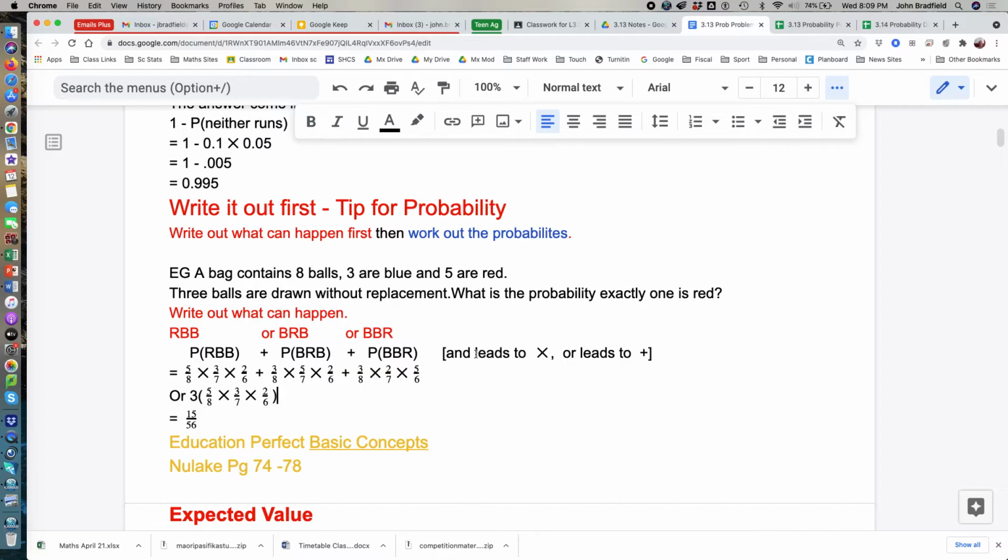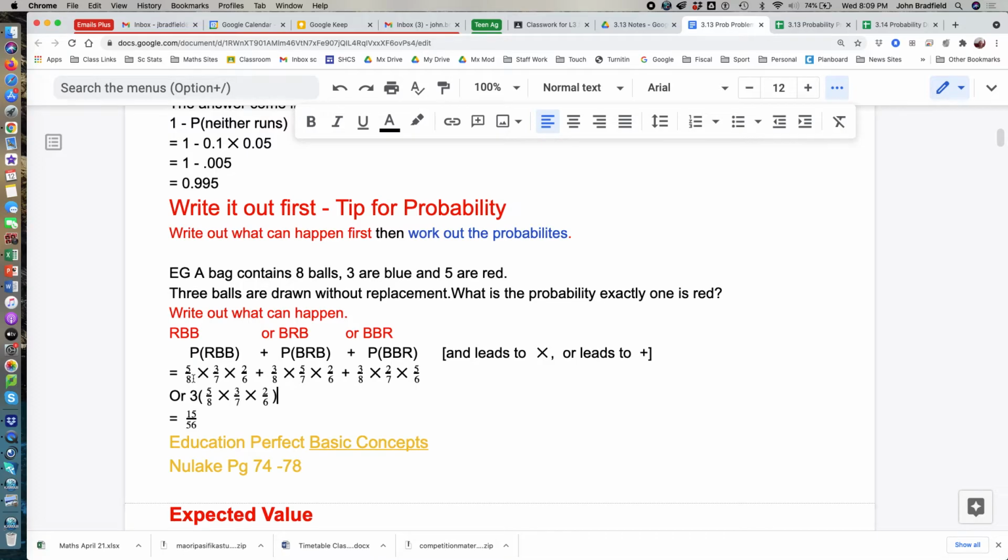Remember, an and leads to a times, and or leads to a plus as a rule. So this one is, the first one is red, the second one is blue, and the third one is blue. And so we've got a plus, or that option, or that option.